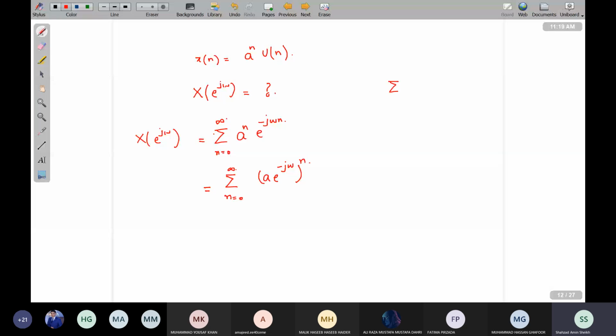A raised to power k, k is equal to n1 to n2, and that was nothing but 1 minus a raised to power n1 minus a raised to power n2 plus 1. You can use this.